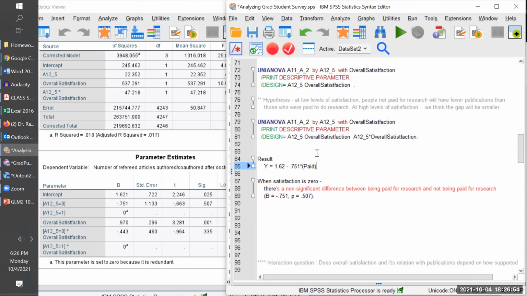That is the paid parameter. Plus 0.970 times satisfaction, plus, remember how we do the interaction term, negative 0.443 times paid times satisfaction.